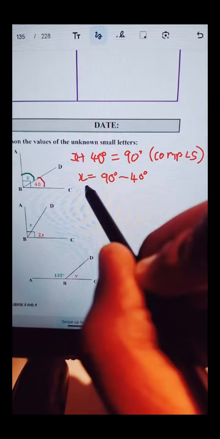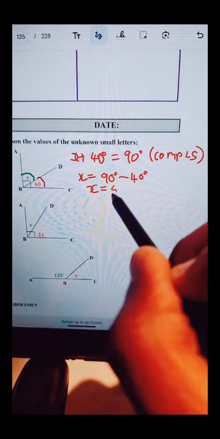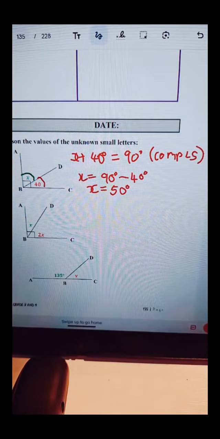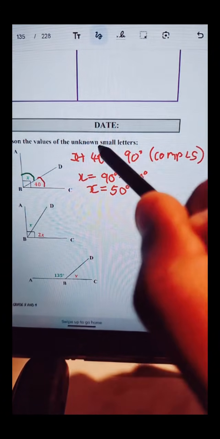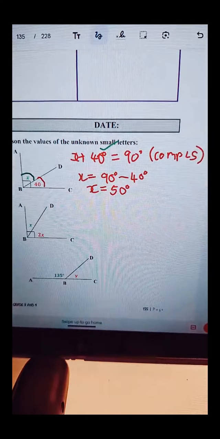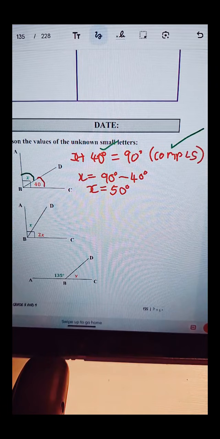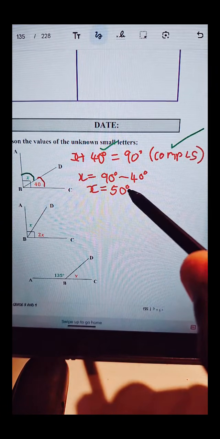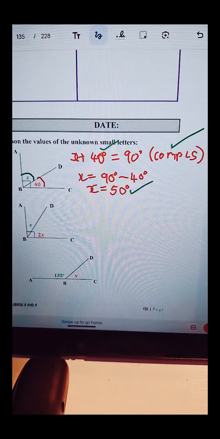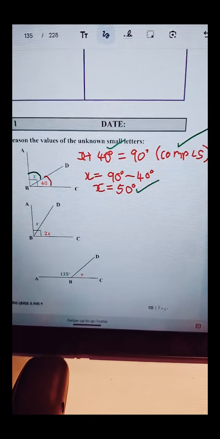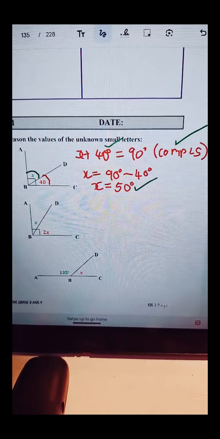I'm sorry, guys, I don't know what's happening with this screen of mine. Then x is equal to 50 degrees. So we get a mark for the statement, a mark for the reason, and a mark for the answer. Straightforward, to the point, nothing to it.